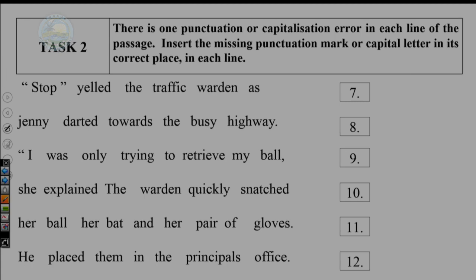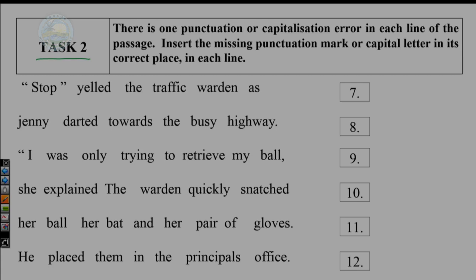It says task 2. Why task 2? This is because in the S.E.A. under the English Language Arts paper, task 2 covers capitalization and punctuation. So I just want to keep the task as it is on that examination.